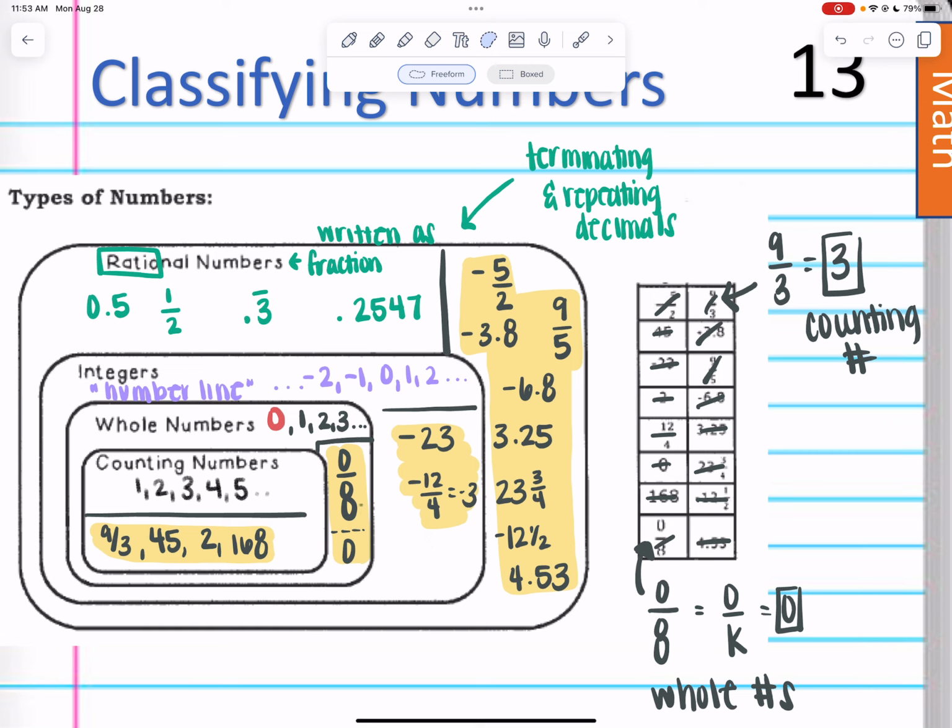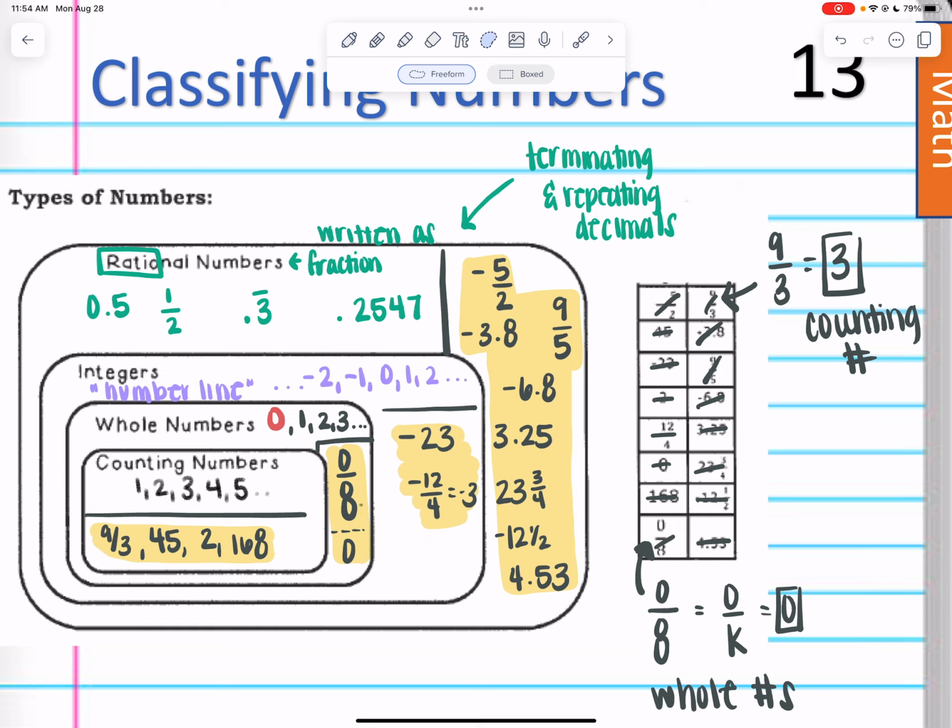The big takeaway: rational numbers can be written as a fraction, which the application to decimals is terminating decimals and repeating decimals. Rational numbers can be positive or negative. Integers are going to be our quote unquote number line numbers.